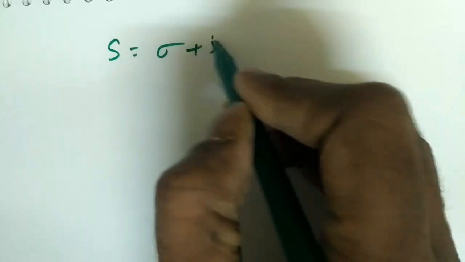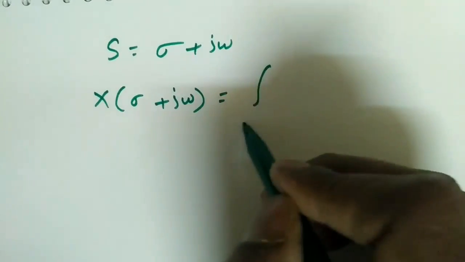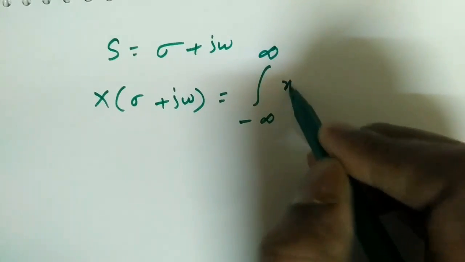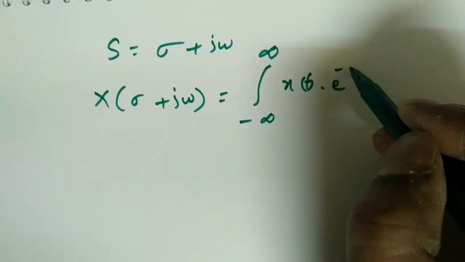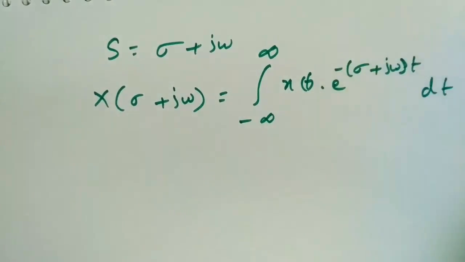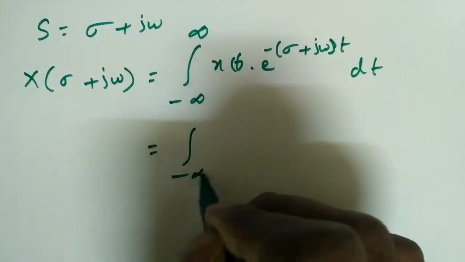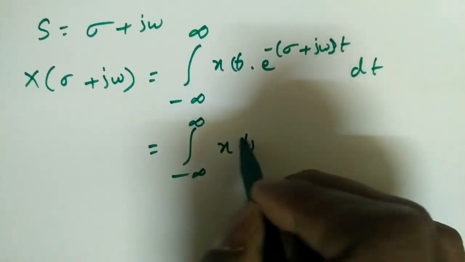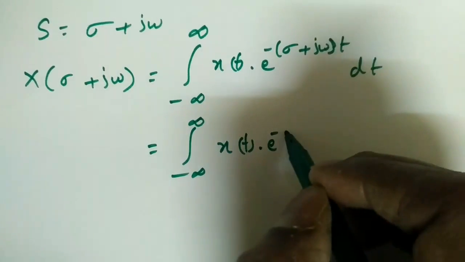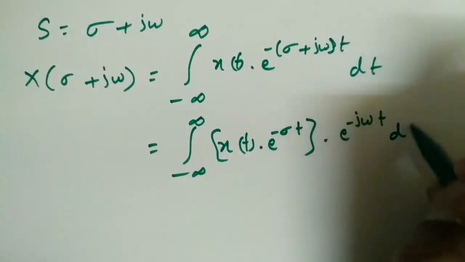Now if we replace s with sigma plus j omega, what will it become? x of sigma plus j omega is equal to integral from minus infinity to infinity of x of t into e power minus of sigma plus j omega into t dt. Now to make this similar to the Fourier transform, I take e power minus sigma t out as one term, into e power minus j omega t dt.